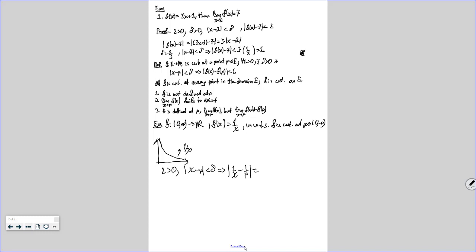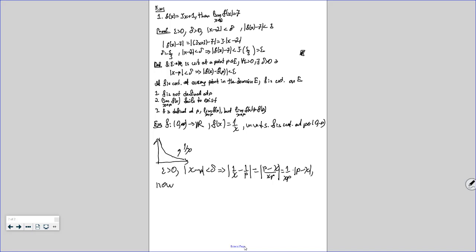This is equal to |p - x| over |xp|, but we know that xp is always positive, so this is (1/(xp)) times |p - x|.